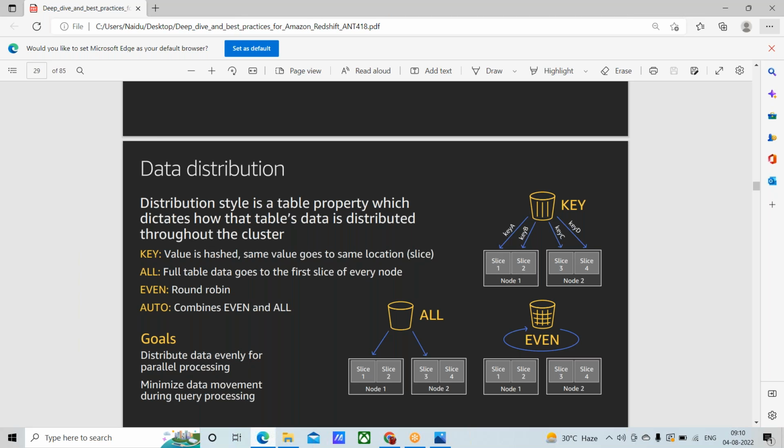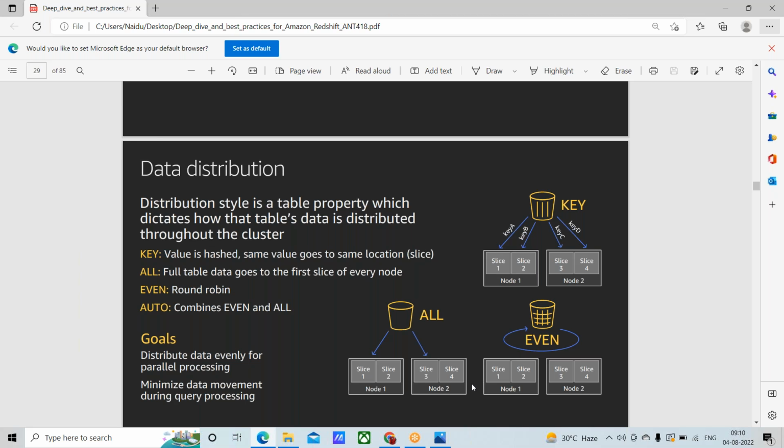In Redshift there are different ways: key, all, even, and auto. Key means you define one particular column as the distribution key, which we call dist key, based on which it will distribute the data to all the nodes. I'm saying nodes, but actually data will be distributed to the slices within the node. You should know that.